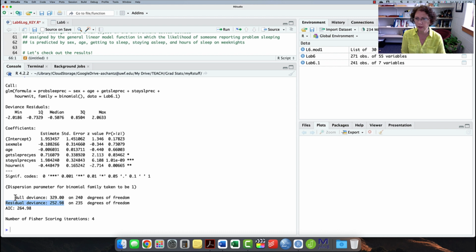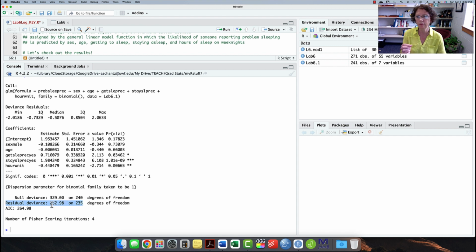Notice that the null model, which had no predictors in it, had a deviance value of 329. And then this model with five predictors in it, that's why the degrees of freedom went from 240 to 235, because each predictor used up a degree of freedom, and that's the reason why we have that difference there.